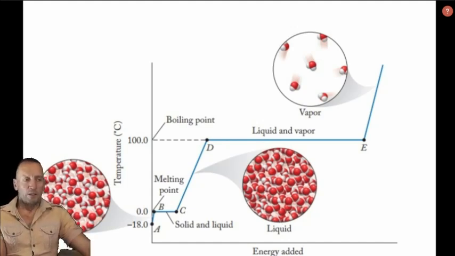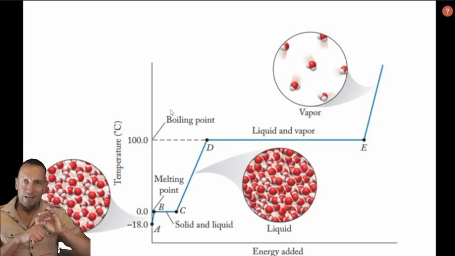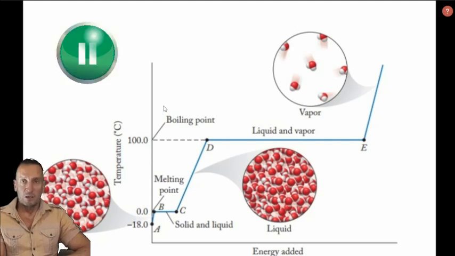Now there is another question for you. What is more painful? To get burned by 100 degree vapor or 100 degree liquid water? I'll repeat. What is more painful? To be burned by 100 degree water vapor, both of them are the same temperature, or 100 degree liquid water? Look at the diagram and answer the question.